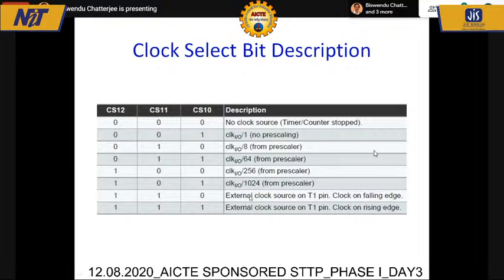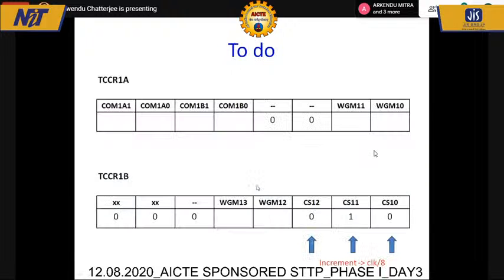We will need some other values. Today we can use 010 for clock divided by 8. Yesterday it was clock divided by 1024. So we have set these values 010.